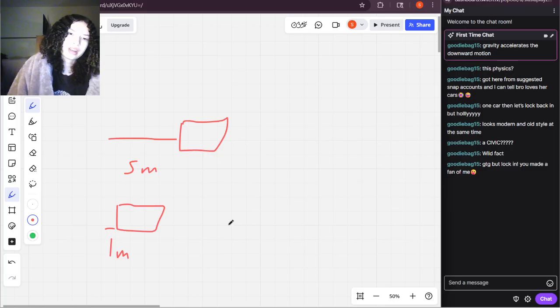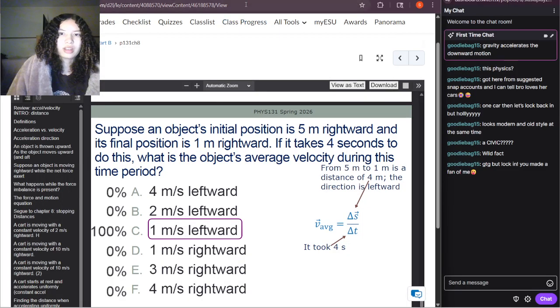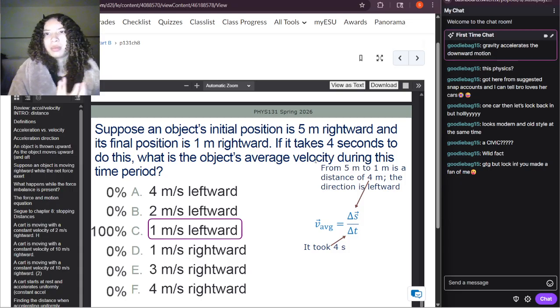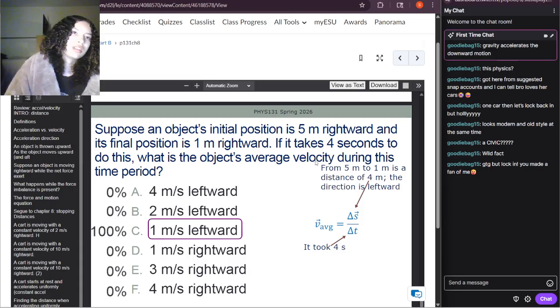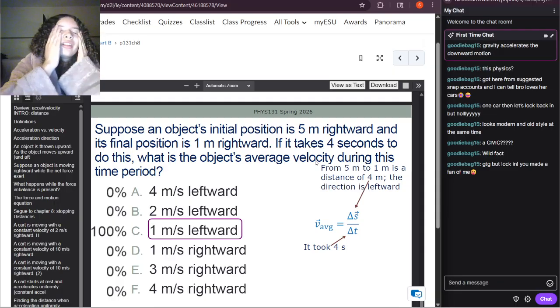Well, it takes 4 seconds to walk it back, so it's 1 meter a second leftward. Okay, I got it. Yay, I'm actually so happy. For some reason I thought this was going to be super difficult, and it's actually the easiest thing ever. I feel like it's going to get harder, but I'm glad I'm getting it right now.